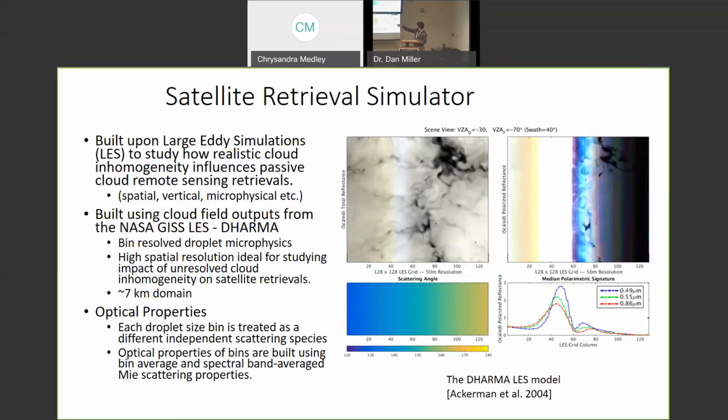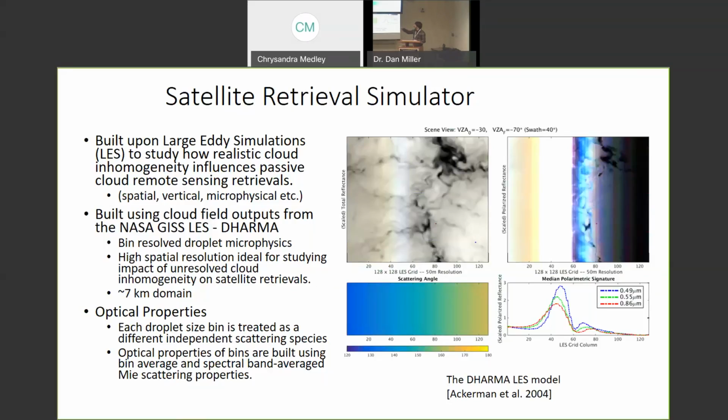Most of these are on a roughly 7-kilometer domain, so they're kind of small. If you wanted to take these same simulations and do microwave radiometer simulations, they're on the order of the footprint of some remote sensing techniques, so you can get into trouble.